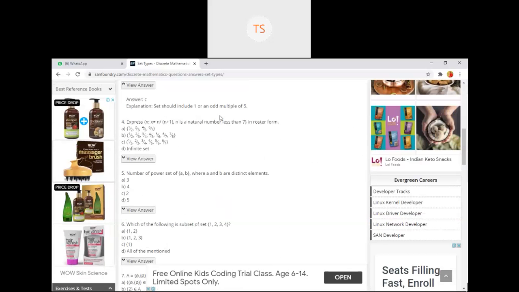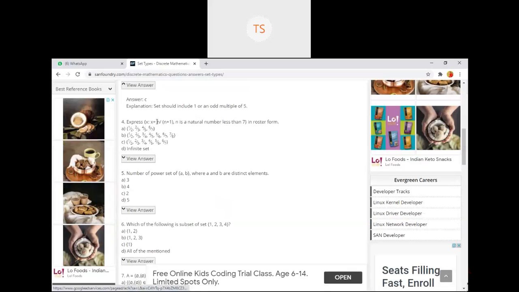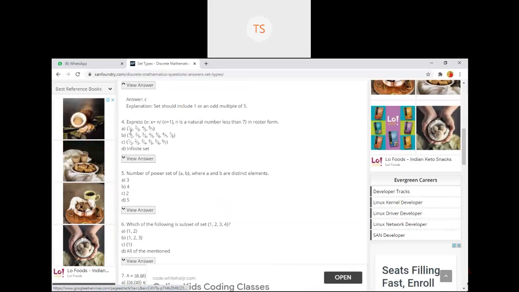Next one is: express x, where x is n by n plus 1, n is a natural number less than 7, in roster form. Now the set is given in set builder form. You have to write the elements where x is equal to n divided by n plus 1, where n is a natural number less than 7. Natural numbers start from 1. So 1 by 1 plus 1, that is 1 by 2.